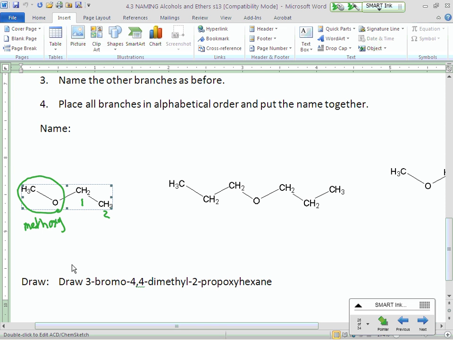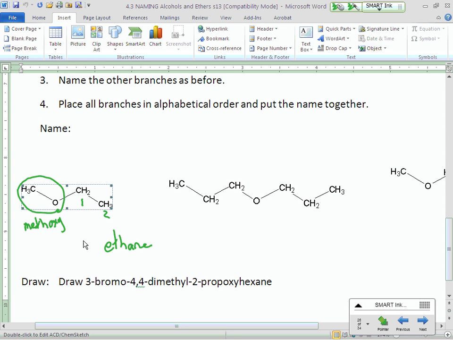All right? So now we go back to naming our alkanes. We could even have a double bond in there if we wanted. We would just treat that shorter chain with the oxygen as a special branch that has the name methoxy or ethoxy or propoxy. All right? So 1, 2 is ethane, like we started way back at the beginning of this.